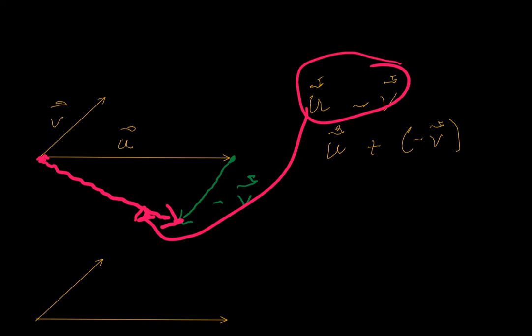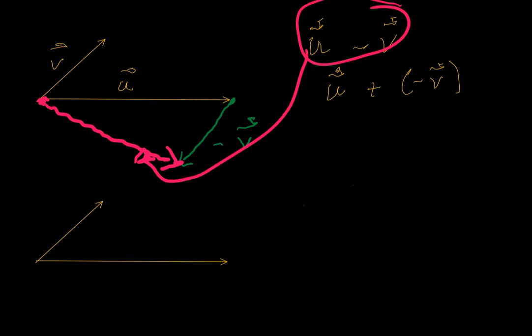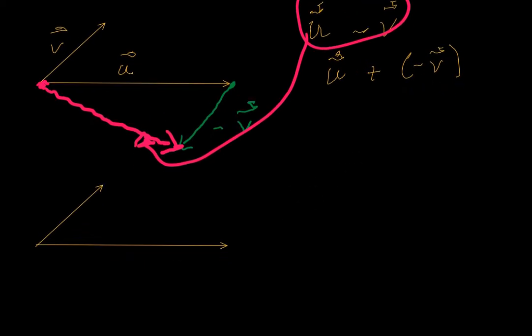So if we were to go back to our initial picture, we could say that the vector that starts here and goes to here is also the vector u minus v, given that that was u and that was v when we started.